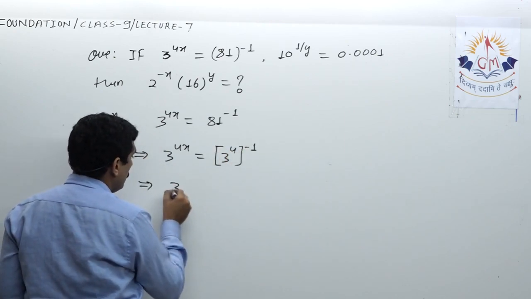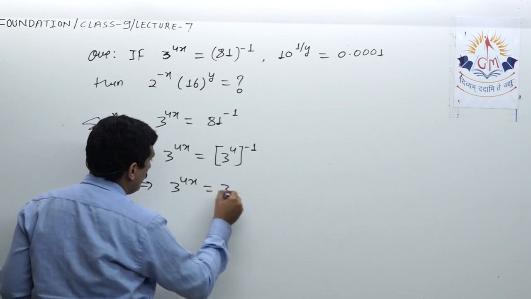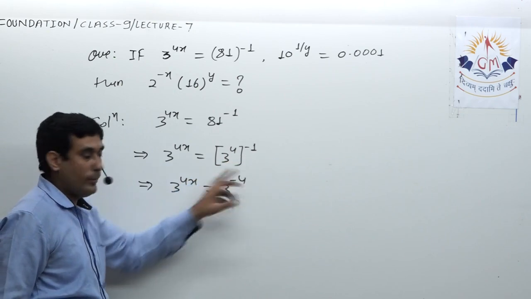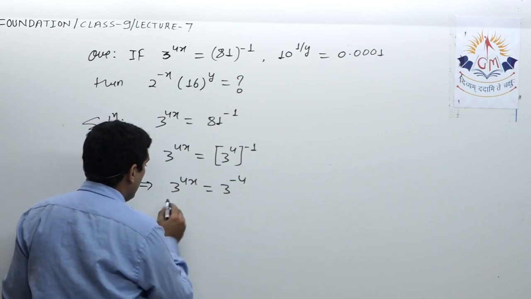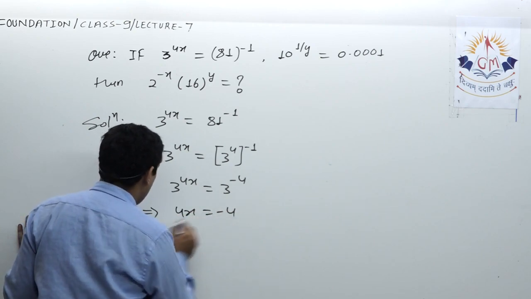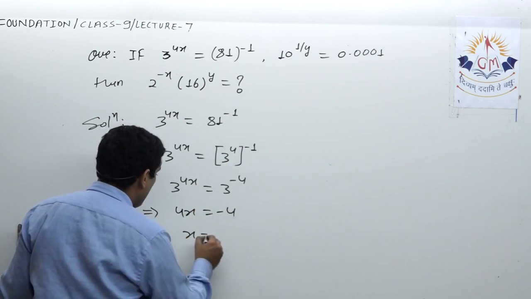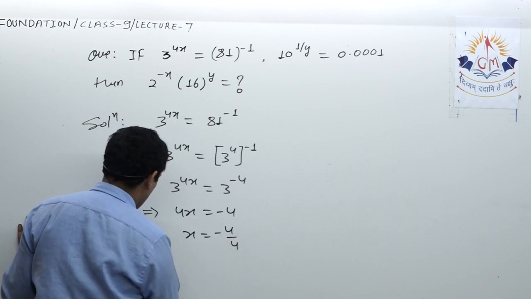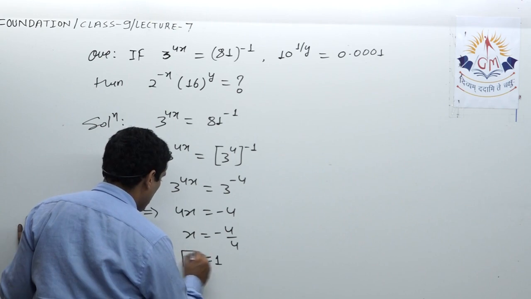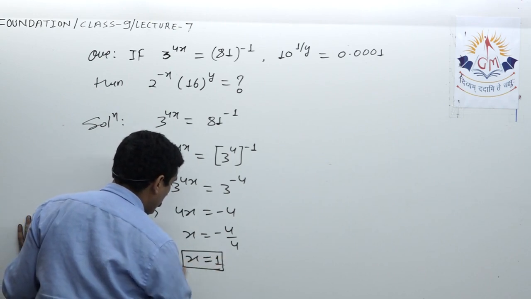So this is 3 raised to 4x is equal to 3 raised to minus 4. I apply the power law, so 4 into minus 1 is minus 4. Now here we can see bases are same, so I can say 4x equal to minus 4, and hence x equal to minus 4 upon 4, that is x is equal to minus 1. So here we got one variable, x.